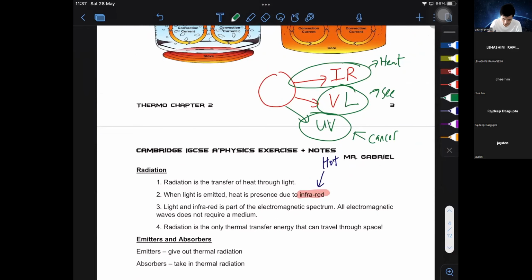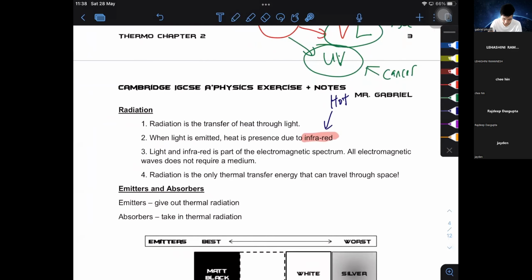But yeah, just always remember this, guys. Whenever you see the word infrared, it is essentially responsible for anything that is hot, guys. The reason why it's hot in your oven is because there's infrared radiation. The reason why your stove is hot is because there's infrared radiation. Anything that is hot is due to infrared radiation, guys. Very important.